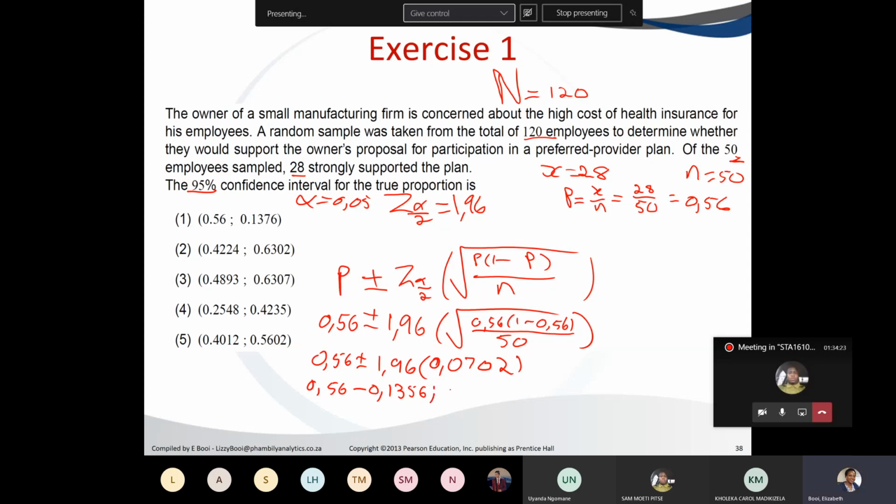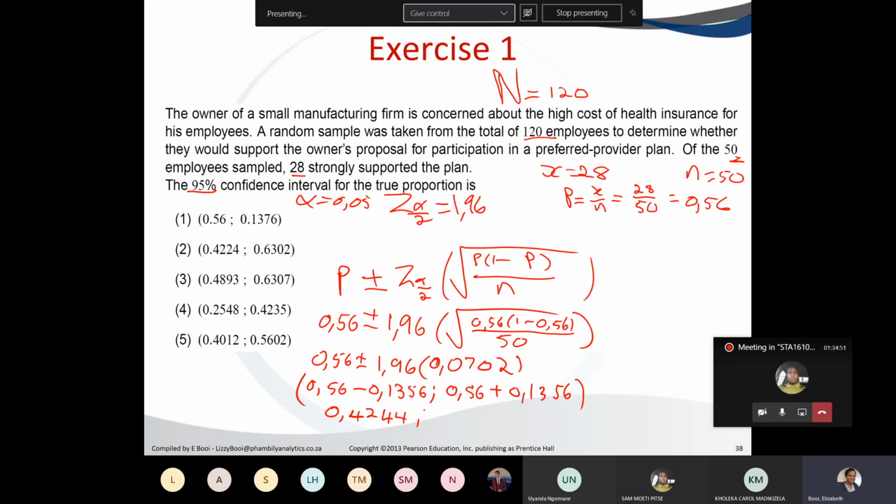And I do the same this side, 0.56 plus 0.1356. And if I solve this, it becomes 0.56 minus 0.1356 equals 0.4244.